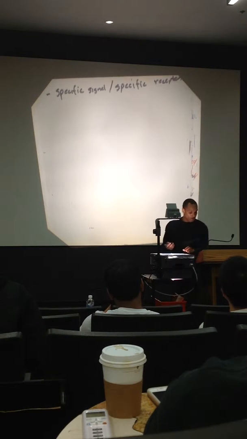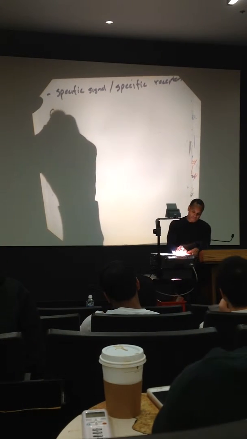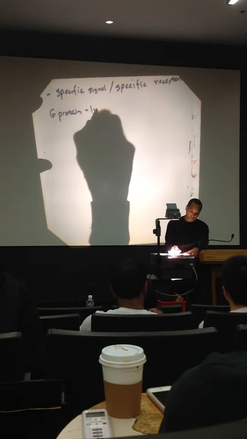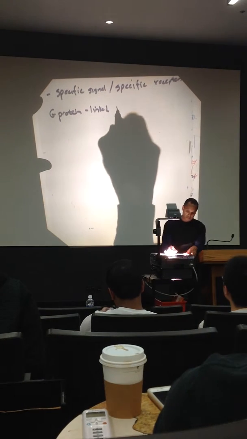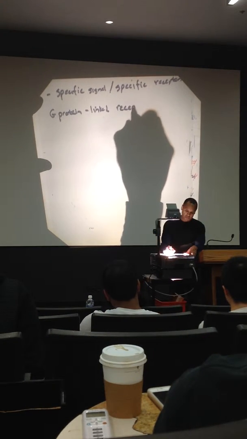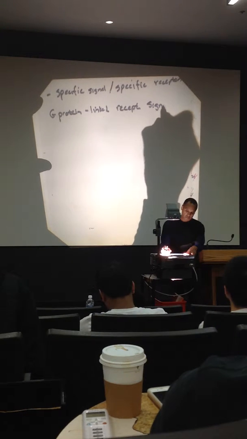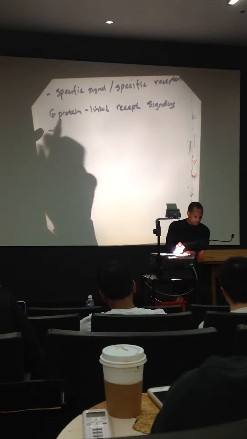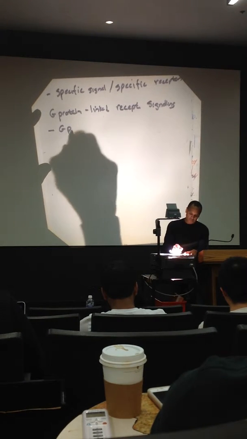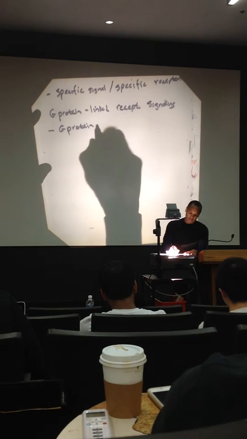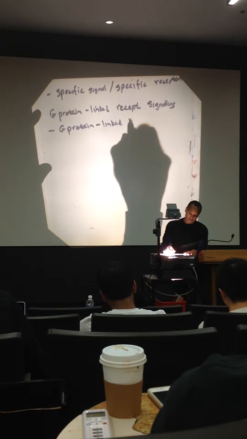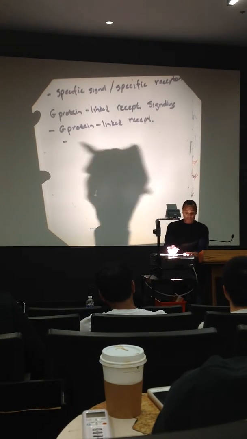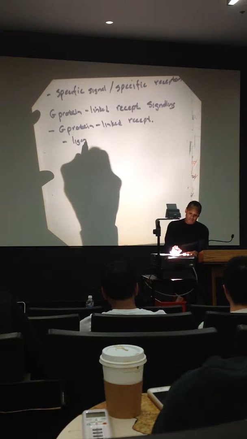All right, so then the second major type of receptor signaling pathway that I want to talk about are G protein coupled receptor signaling. And so G protein coupled receptors, just like other receptors, have a ligand binding domain.